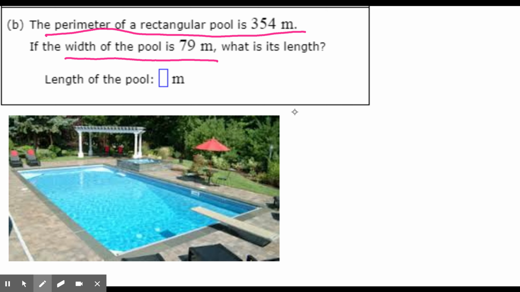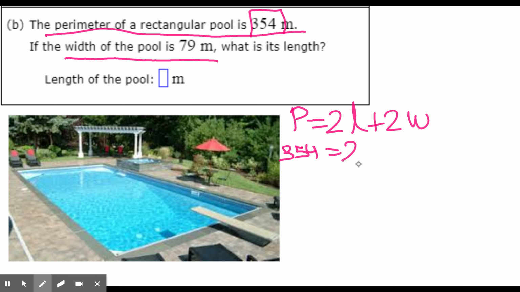So using what I know, perimeter is equal to twice the length plus twice the width. I know the perimeter, so I can fill that in. 354 is equal to twice the length, which I do not know, and twice the width, which I do know. The width of the pool is 79 meters.